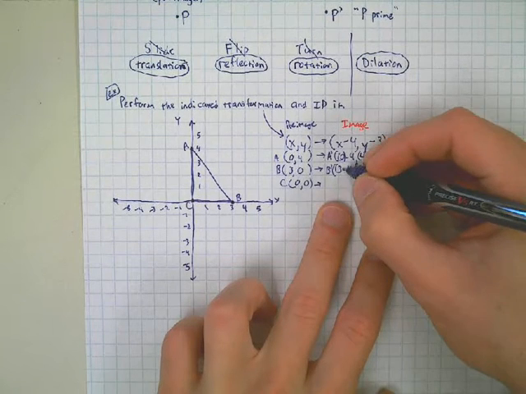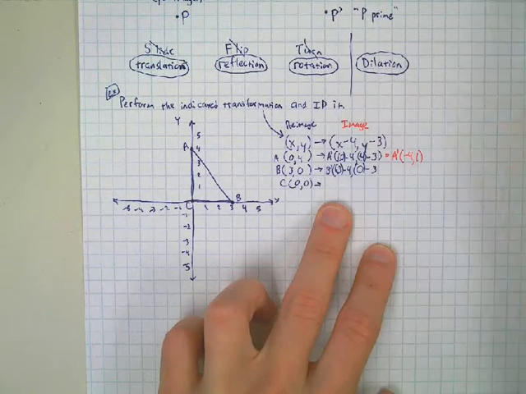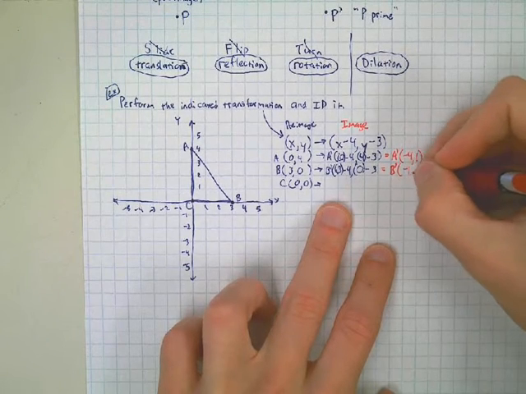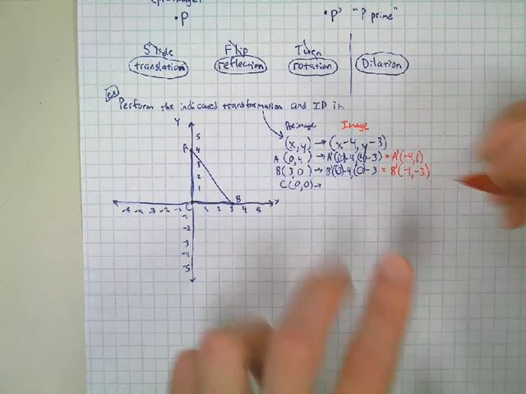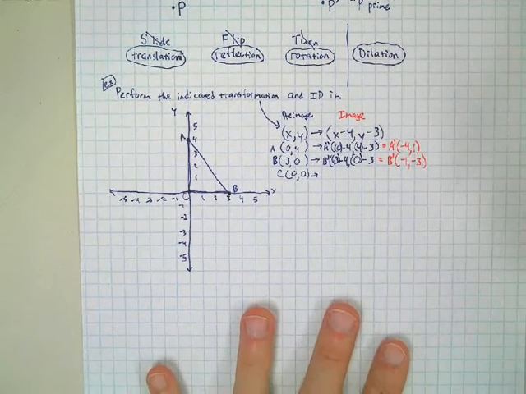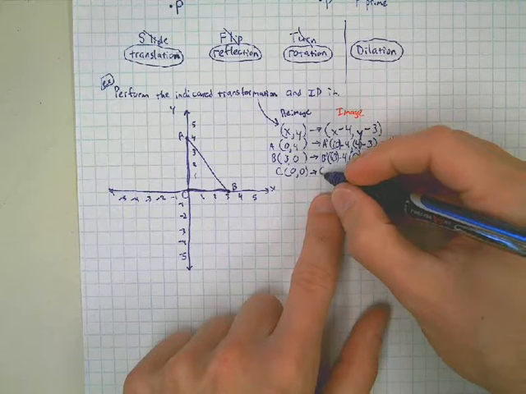B prime will be 3 take away 4. Y is going to be 0 take away the 3. Okay? And so then that becomes B prime is -1, comma, -3.